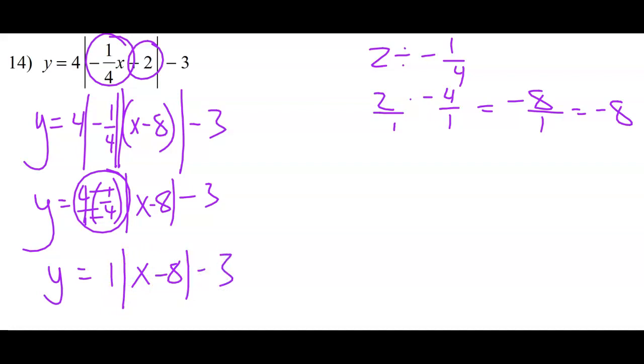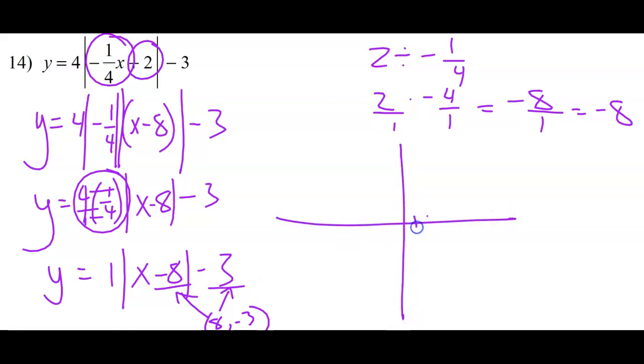And now we're ready to graph it. My vertex is going to be 8, negative 3. The h is negative 8, so I change it to a positive 8. The k is negative 3. So my vertex is 8, negative 3. So let's plot that over 8, down 3.